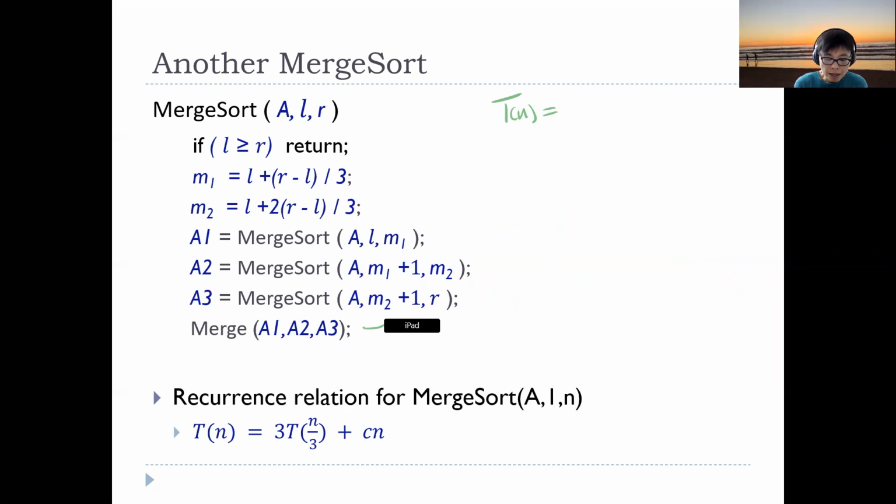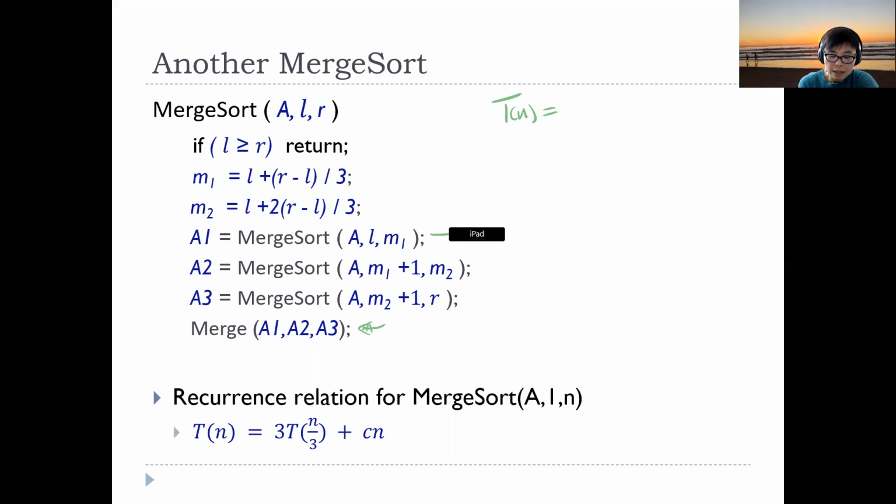The merging part can be done in the same asymptotic time by performing the previous merge algorithm twice. First we merge A1 and A2, then we merge the result with A3. So that takes linear time.